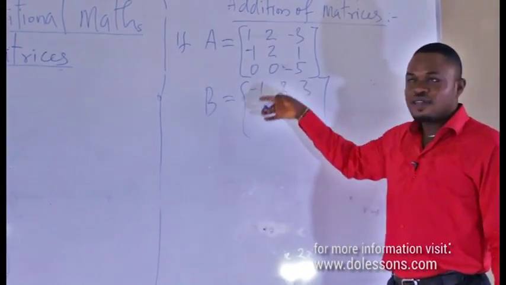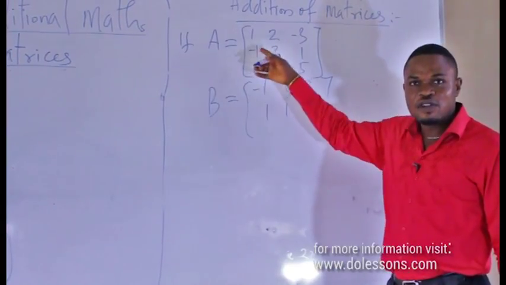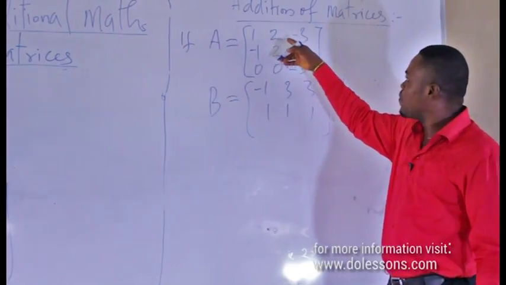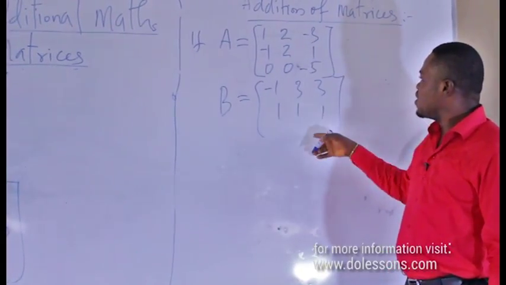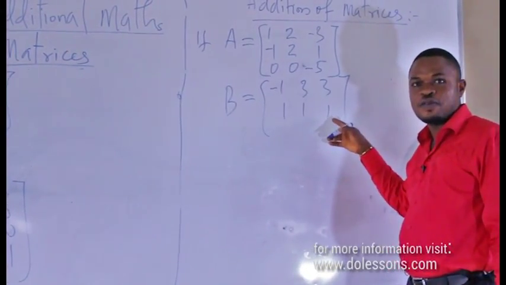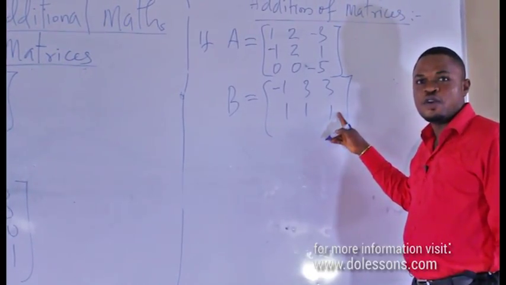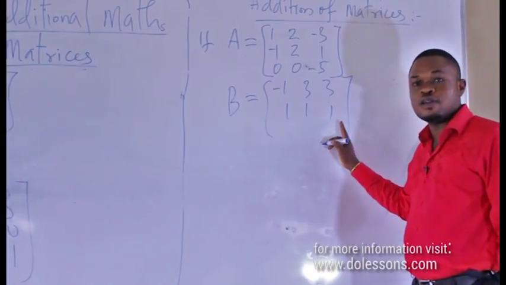We cannot add the matrices above because the number of rows is not the same as the number of rows in this other matrix. Therefore, they are not conformable for addition.